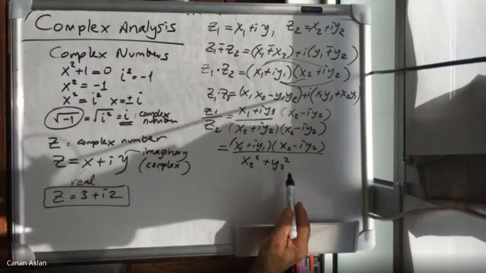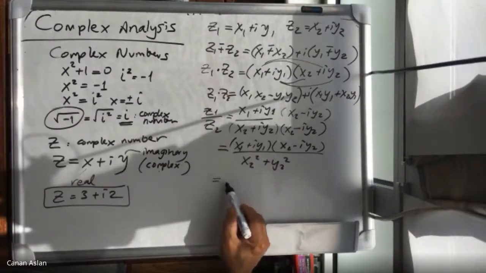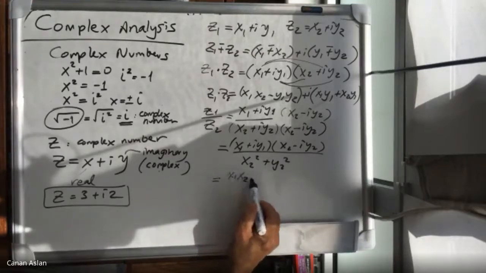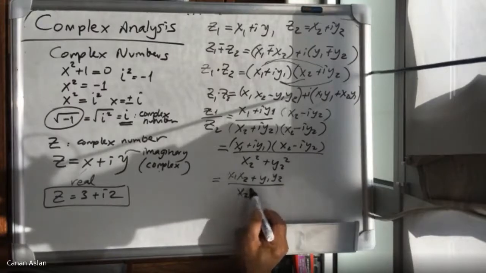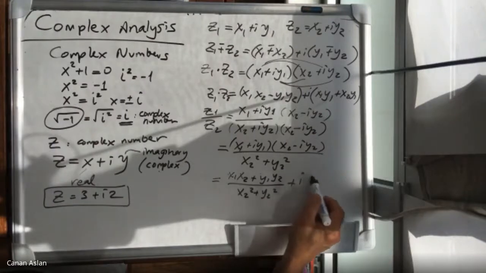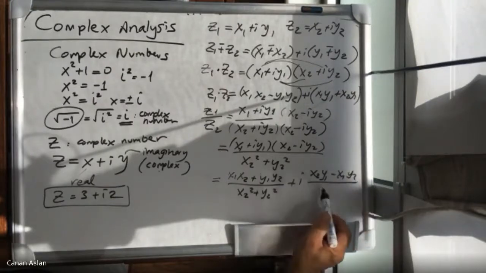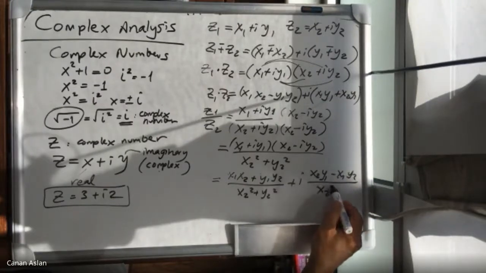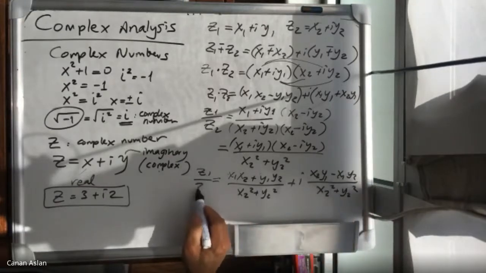But we can still open this up to write real and imaginary parts separately. Of course, you don't have to memorize again. The real part is x1 x2 plus y1 y2 divided by the denominator, x2 squared plus y2 squared. And then the imaginary part is x2 y1 minus x1 y2 divided by the same denominator, x2 squared plus y2 squared. So this is z1 divided by z2.